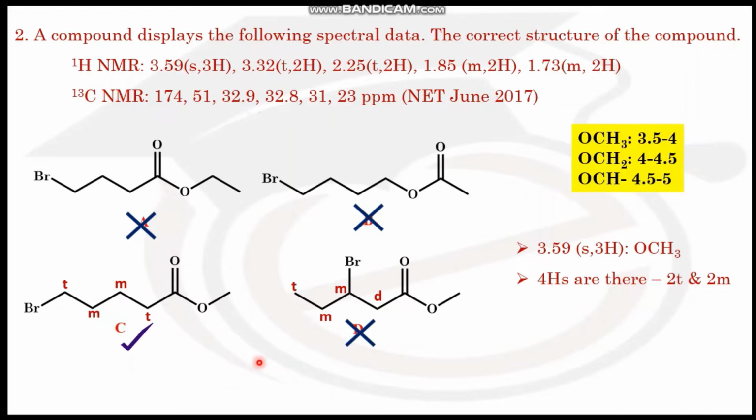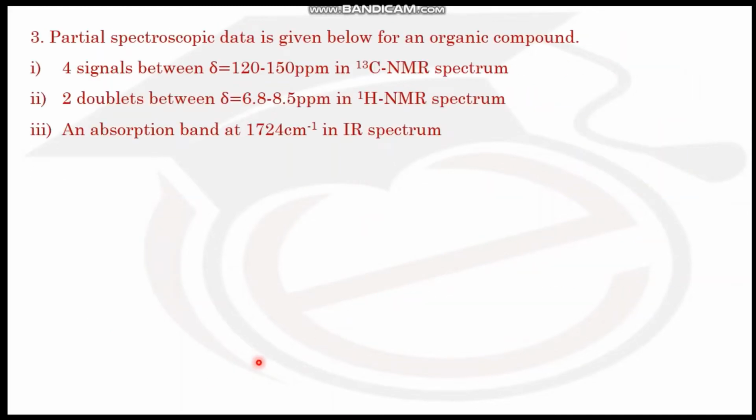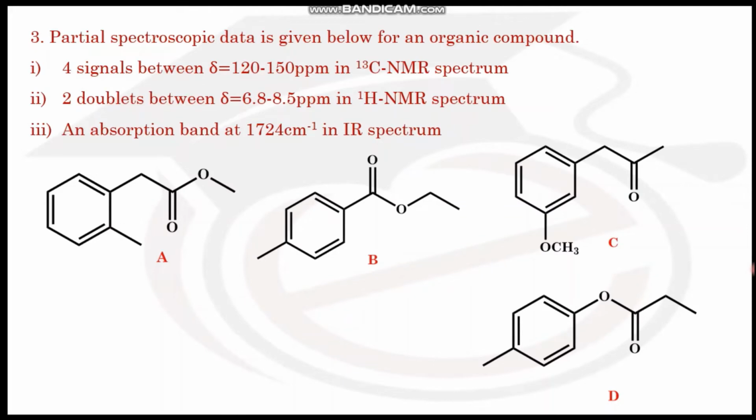Next, question number 3. Partial spectroscopic data is given below for an organic compound: 4 signals between 120 to 150 ppm in the C13 spectrum, 2 doublets between 6.8 to 8.5 ppm in the H1 NMR spectrum, and an absorption band at 1724 cm inverse in the IR spectrum.